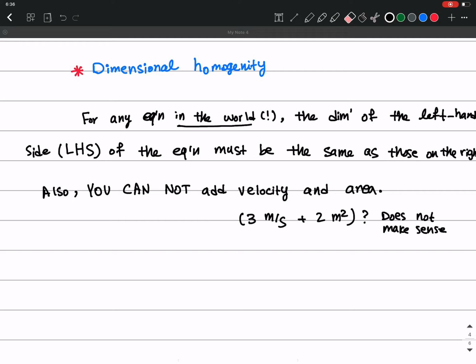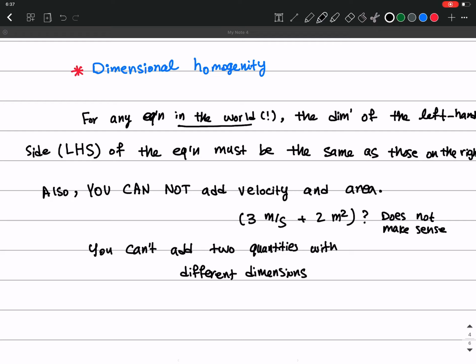So in general, you cannot add two quantities with different dimensions.